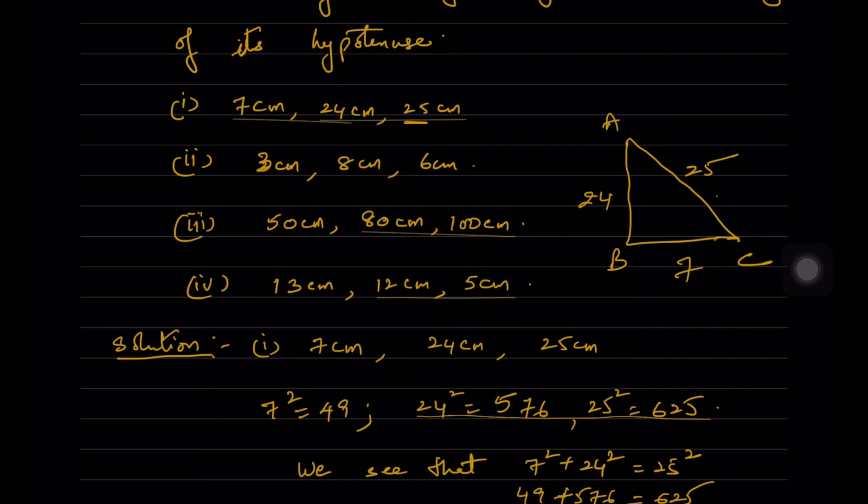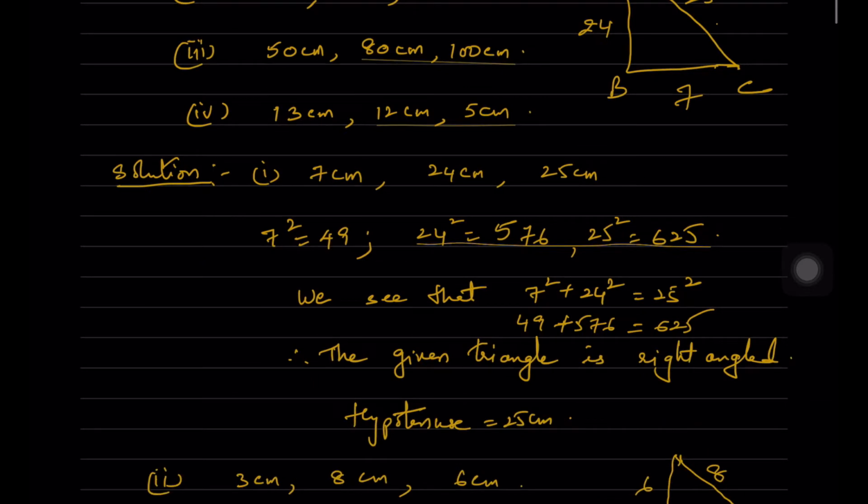According to Pythagoras theorem, the square of the hypotenuse is equal to the sum of squares of the other two sides of the triangle. So here you can take 7 centimeters, 24 centimeters, 25 centimeters. 7 square is 49, 24 square is 576, 25 square is 625.